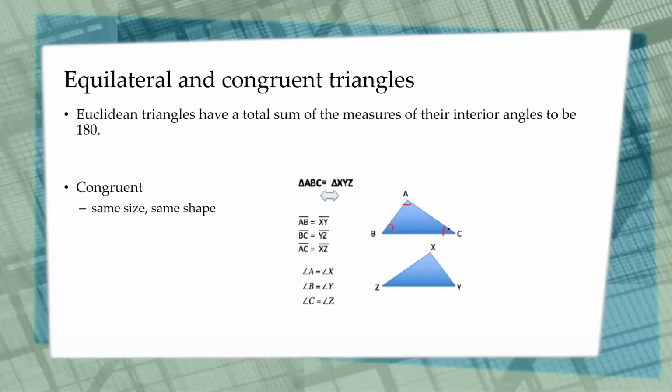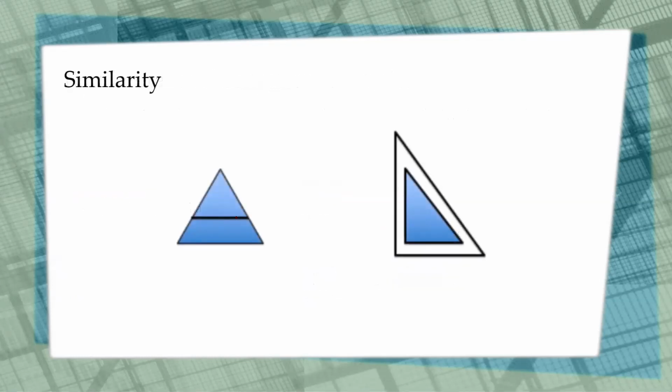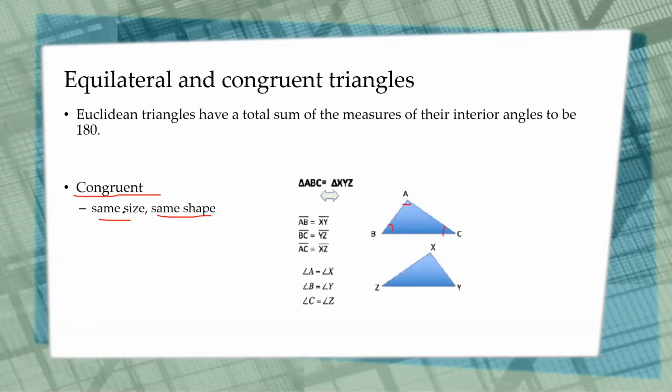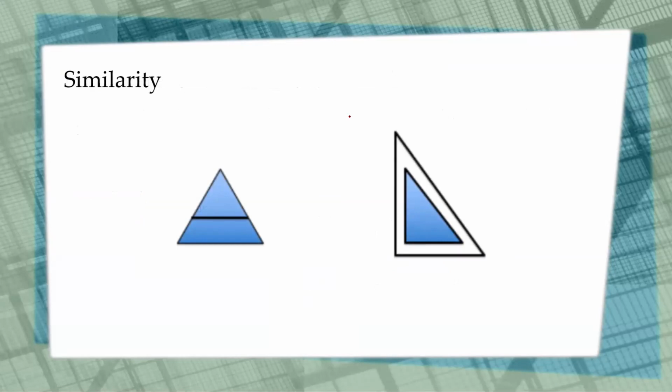Sum mo yan, 180. And we can also show congruency. So same size, same shape. Yan ang ibig sabihin ng congruency. Okay? Same size, same shape. Similarity naman is not necessarily same size. So, pag sinabi natin similarity, same shape lang siya.